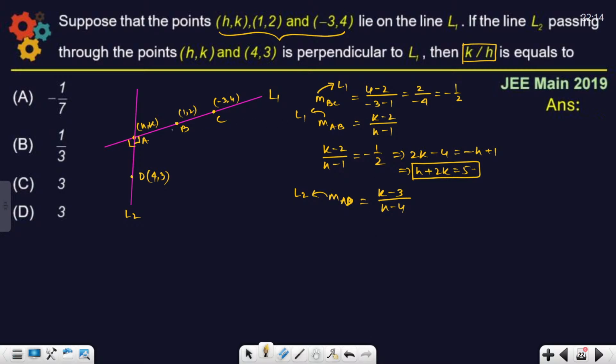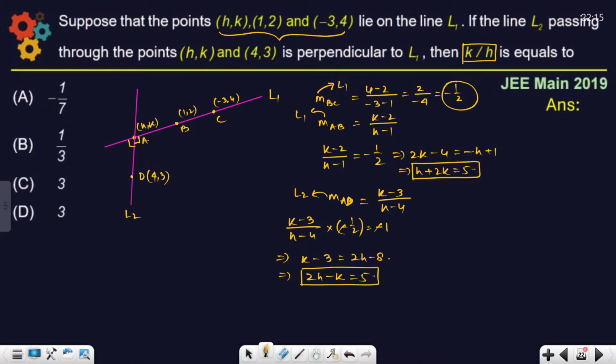And the slope of L1 was minus half. So can we write, since they are perpendicular to each other, that will be equal to minus 1. Minus minus goes off. So what we are left with, simply cross multiply. So we are having this. Okay, this is our second equation.